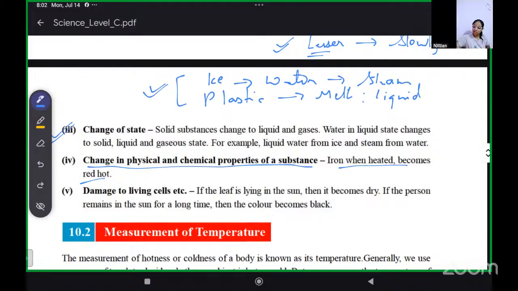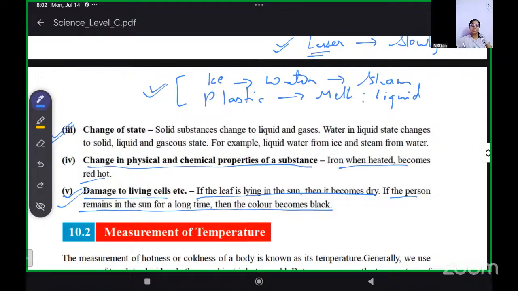Then, about living things, there is damage to living cells. This is also an effect of heat. If a leaf is lying in the sun, it becomes dry. If a person remains in the sun for a long time, the color becomes darker because your body produces melanin.